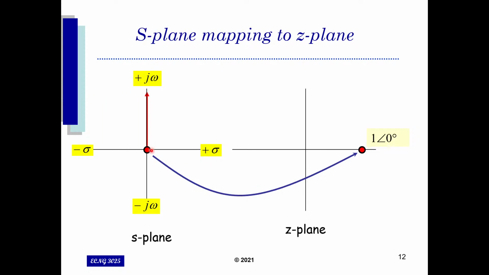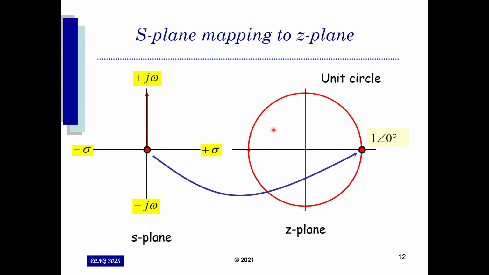If we had an impulse here, or any sort of vertical line in the s-plane, this will map to a circle in the z-plane, where the radius of the circle is going to be the magnitude of this impulse. If this impulse has a magnitude of 1, the circle with radius 1 is referred to as the unit circle in the z-plane.